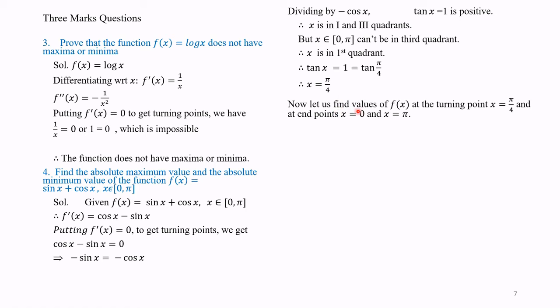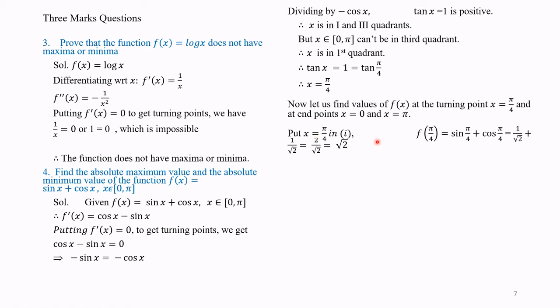Now let us find the values of f(x) at the turning point x = pi by 4 and at the end points x = 0 and x = pi. It is given that x is between 0 and pi. These are the end points, and the turning point is pi by 4. Put x = pi by 4 in the given equation.